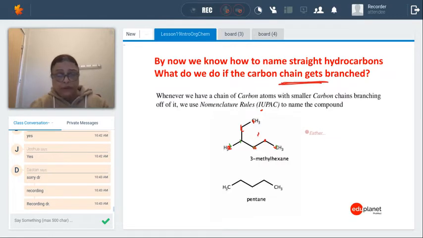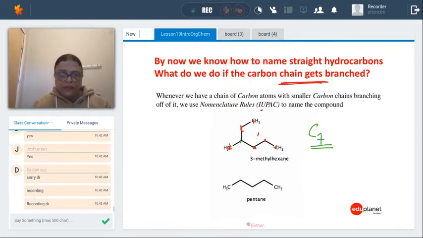This compound also has 7 carbons, but it is not like the straight heptane. How do I discriminate? How do I know? And that is the whole thing about nomenclature in organic chemistry. You hear the name, you know how to draw the structure.